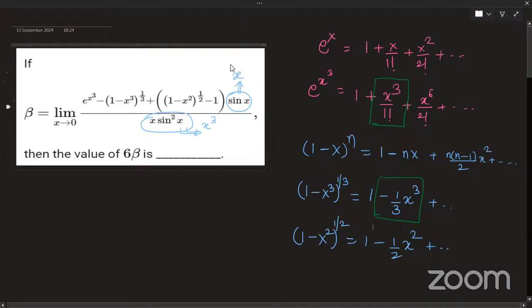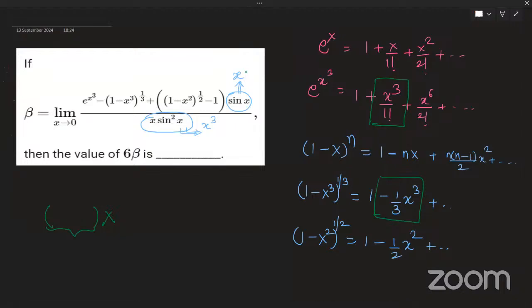I already have this x. So just think of it like this: you have this bracket multiplied by x. In this whole thing, you are looking for the power x cube. So inside this bracket, what power of x will you be looking for? X raised to 1? Why? If I have x raised to 1 inside and it gets multiplied, it will give me x square.